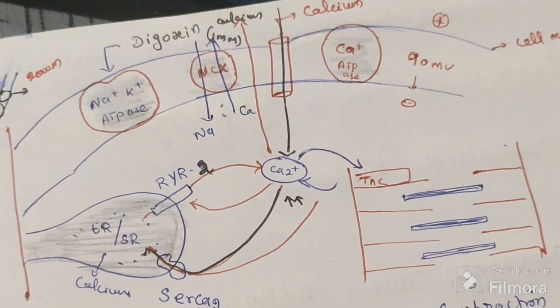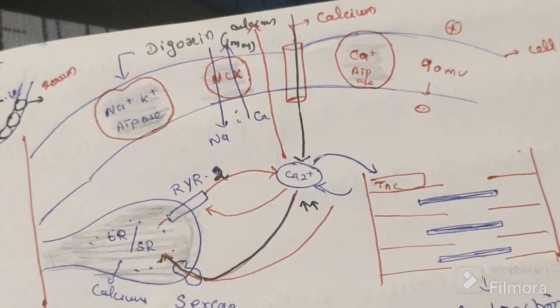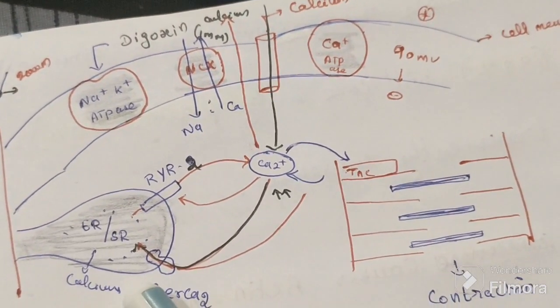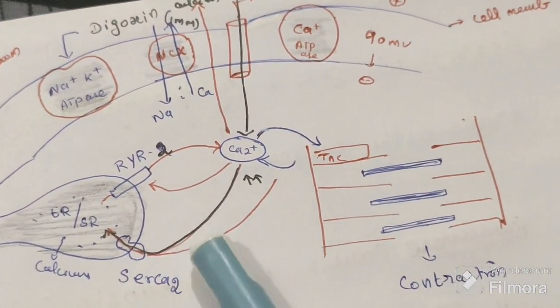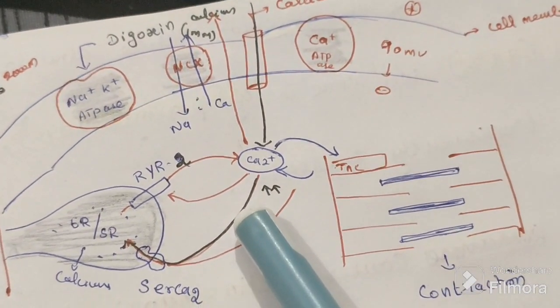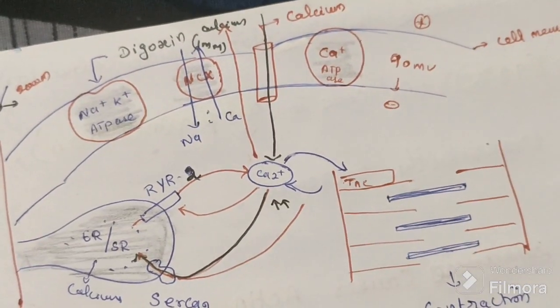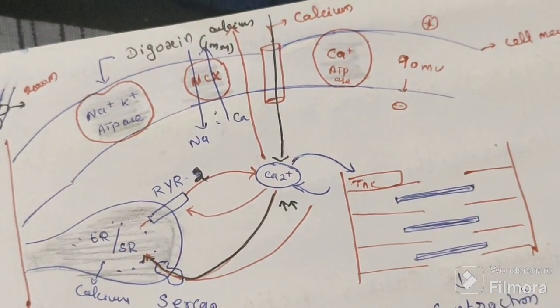Whatever was given by this RYR is taken back by this SERCA2. So only 1% calcium is left here, which was coming through the voltage-gated calcium channel.